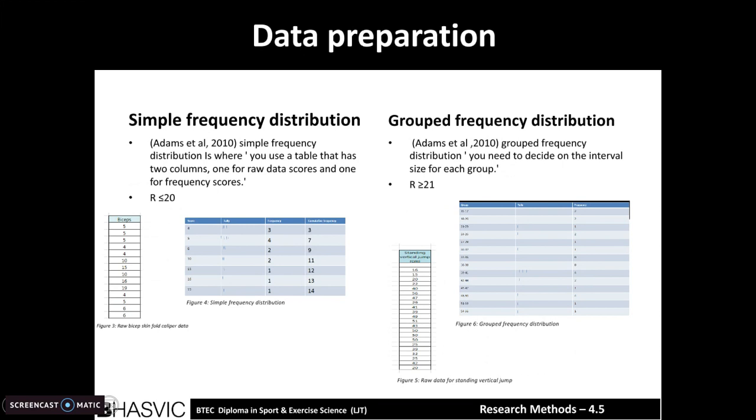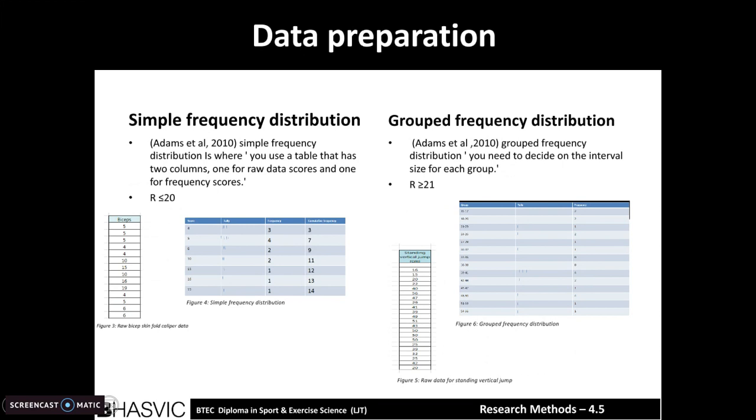However, you can use more than 2 columns to represent the data. With Figure 4, I have used 4 columns. This is to represent the scores, tally, frequency, and cumulative frequency. Cumulative frequency is when you add the previous frequencies to the next.